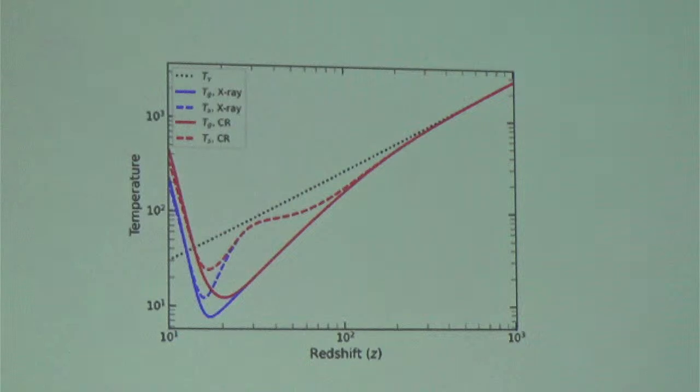Now, as I said, the spin temperature will also follow the IGM temperature at the later stage of reionization, because of the Lyman alpha coupling, they will be highly coupled. So the spin temperature, the dashed blue line, initially goes down, but when the heating starts, it also goes up.